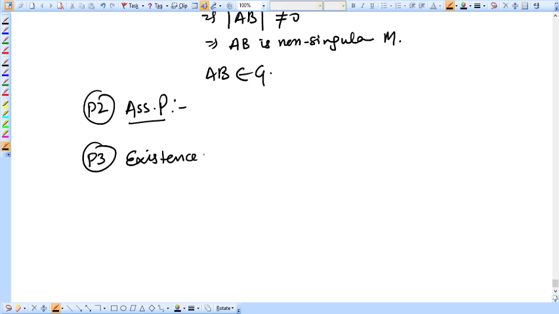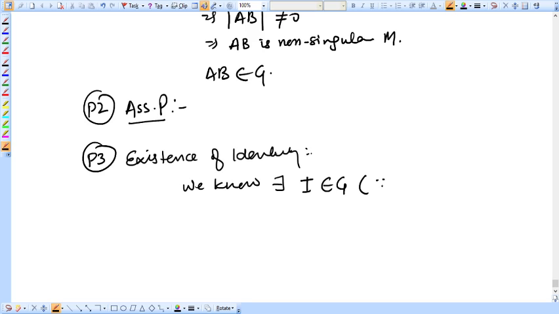Existence of identity. We know there exists a matrix I belonging to G because the determinant of I is not equal to 0. What is the determinant of I?